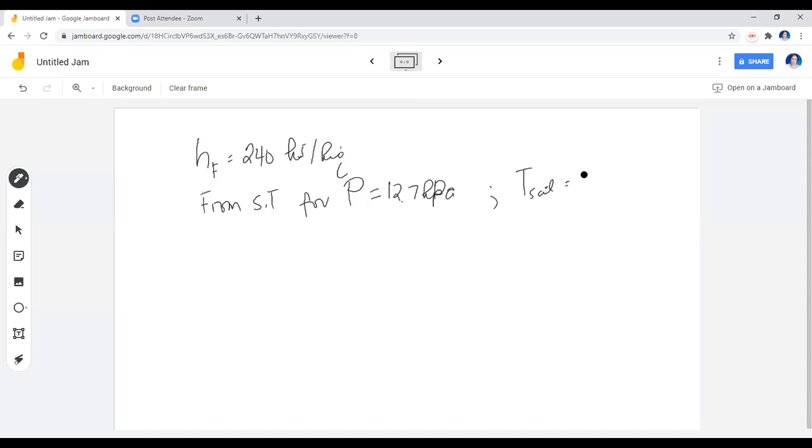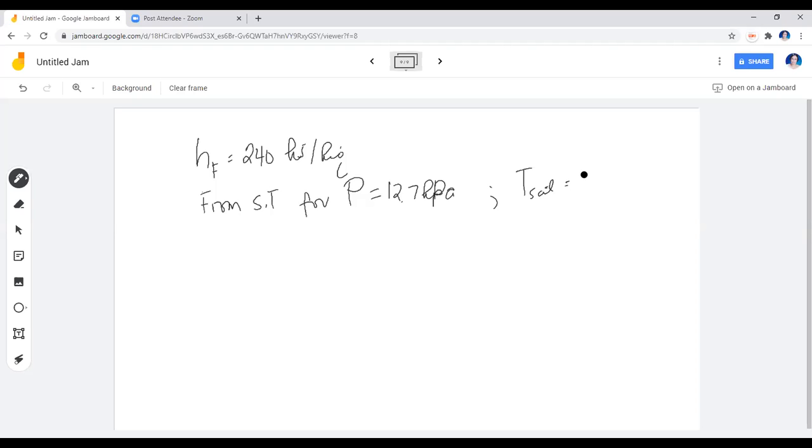So for a pressure value of 12.7, where's the pressure? Okay, here it is. 12.7. What I have here in my table is just 12.349. So I'd like to more or less approximate, but there's a need for me to interpolate.